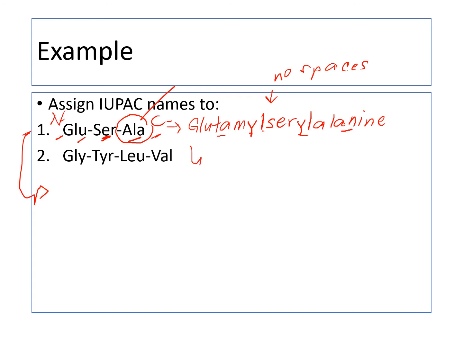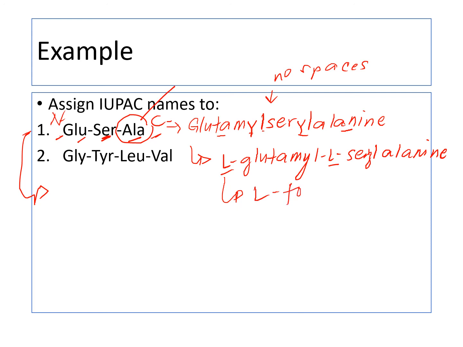Now if we would like to be very strict, we can actually name this as L-glutamyl L-seryl L-alanine. So why do we put L here? Remember that your amino acids are usually in their L form. Again, most of your amino acids are in their L forms.